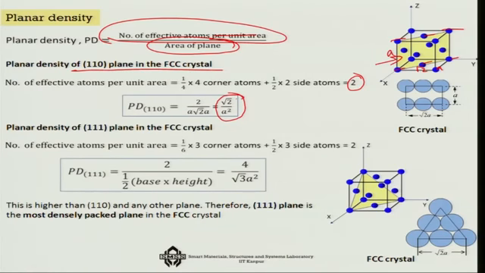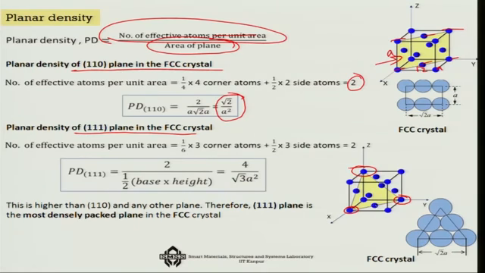Similarly, if you consider the 111 plane in the FCC crystal, let us look at the 111 plane. That is containing the diagonals. Here you have 1/6 of 3 corner atoms, and half of 3 side atoms.